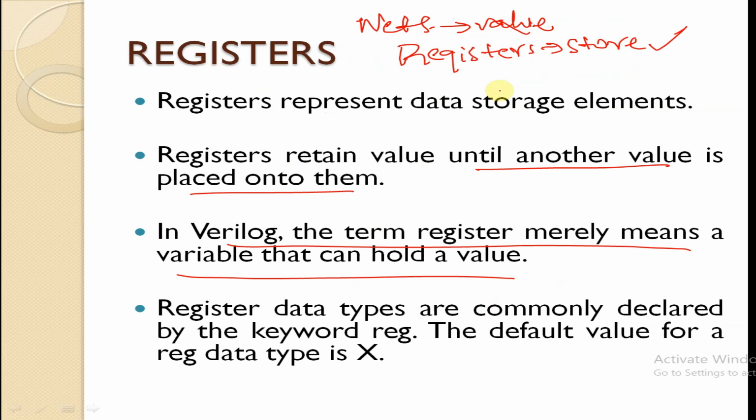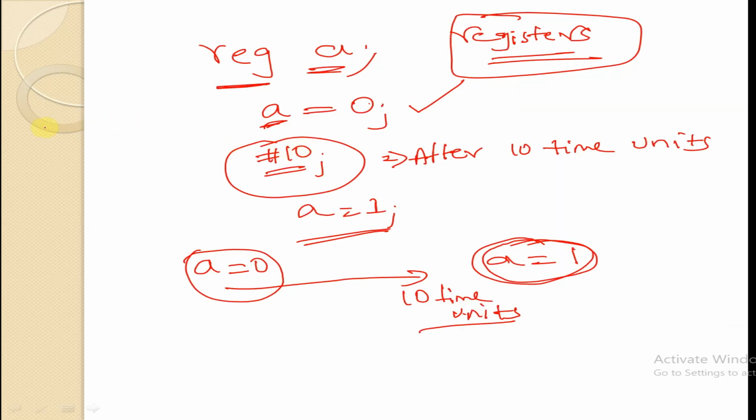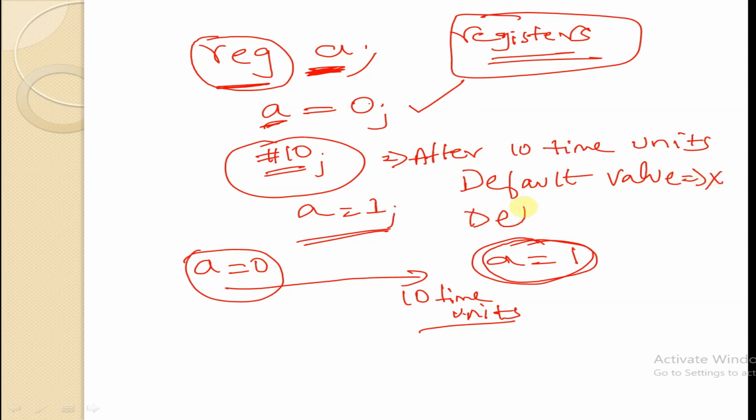And register data types are commonly declared with the type reg. So for declaring a variable as a register, we use the keyword reg. Coming to the default value and size, the default value is unknown and the default size is 1 bit.